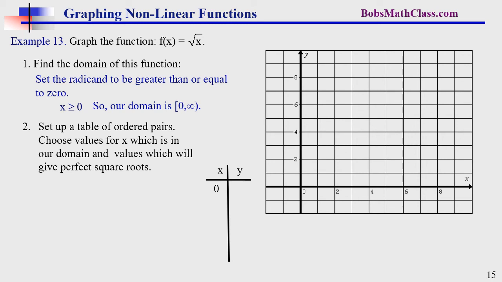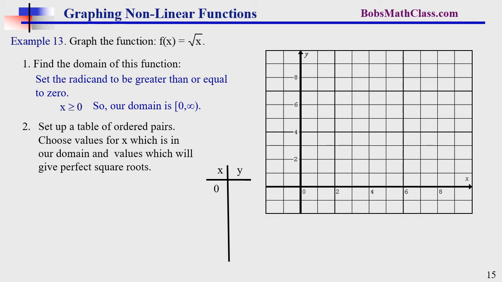All right, so we got to pick numbers bigger than 0. Well, what numbers are bigger than 0? How about 1? 1 is bigger than 0. And is it a perfect square root? Yes, it is. Square root of 1 is 1. How about 2? 2 is bigger than 0. Is that a perfect square root? No, right?